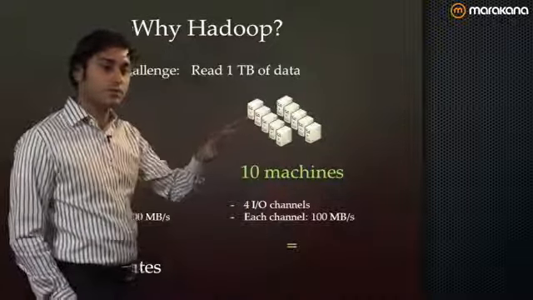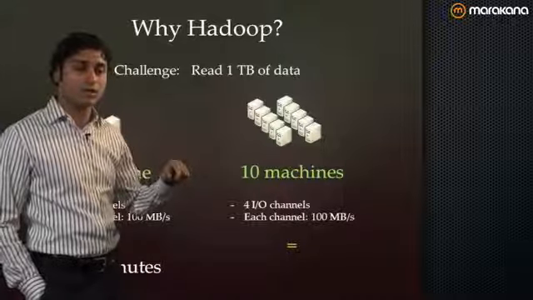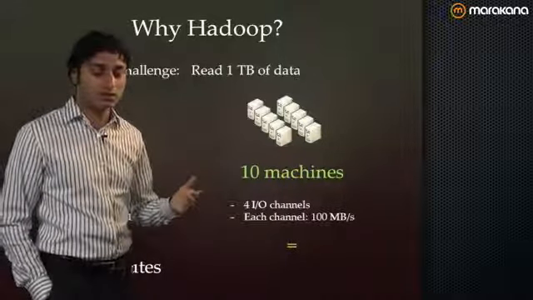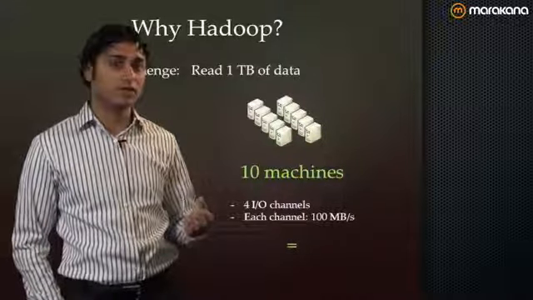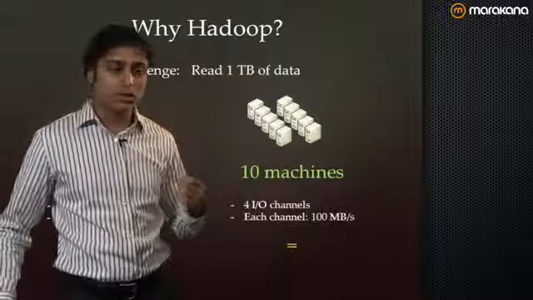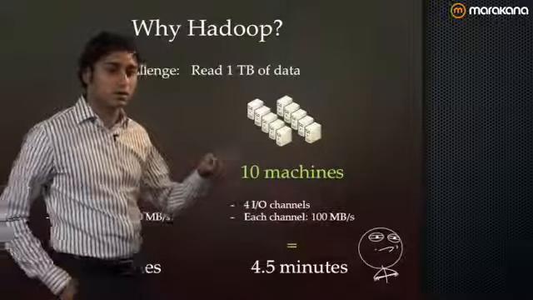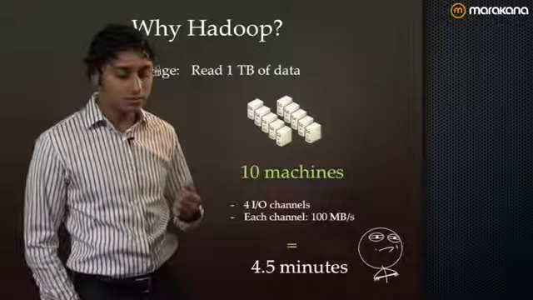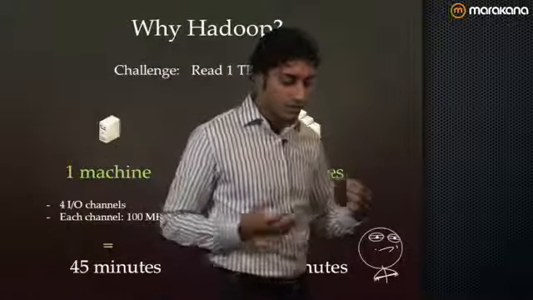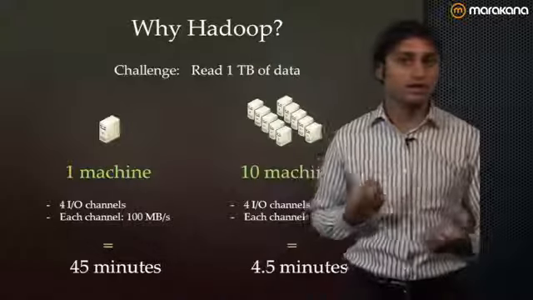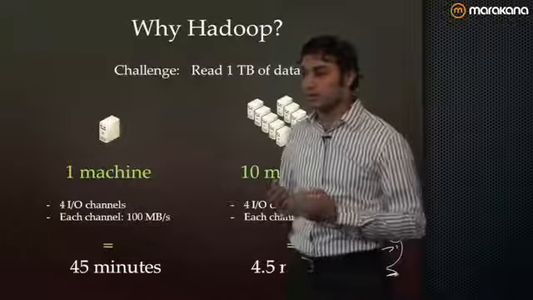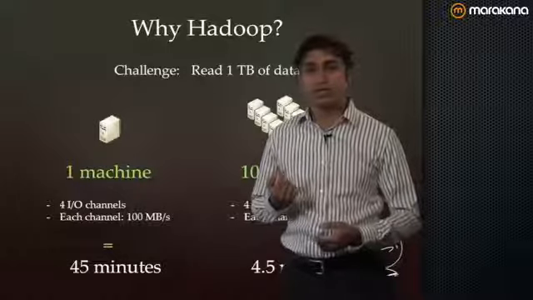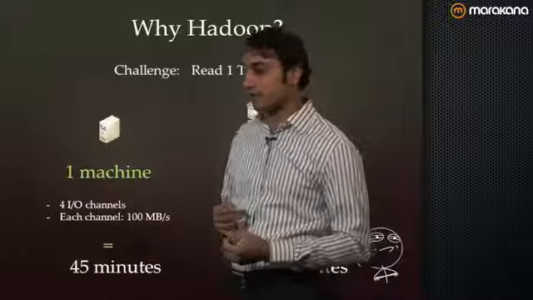So across the 10 machines, there are 40 hard drives, and each hard drive is now holding about 25 gigabytes of data. To read 1 terabyte in parallel from the 10 machines, it would only take 4.5 minutes. So by harnessing the power of multiple machines together, you can achieve your reads or writes significantly faster.